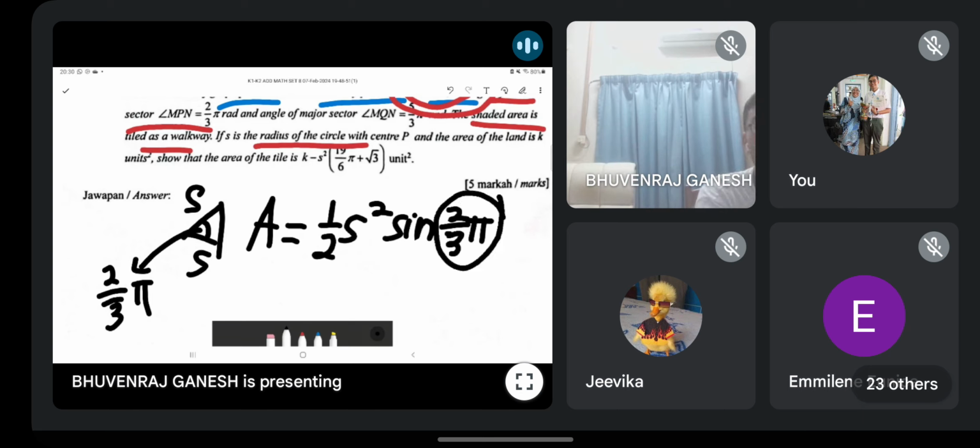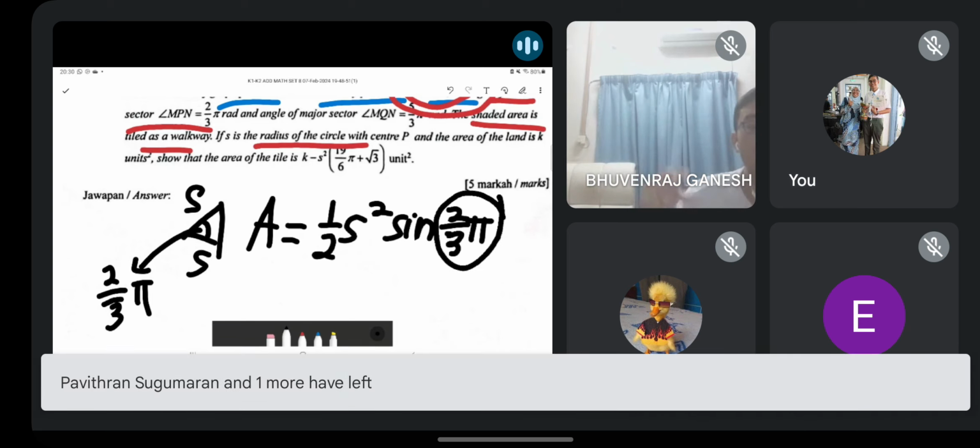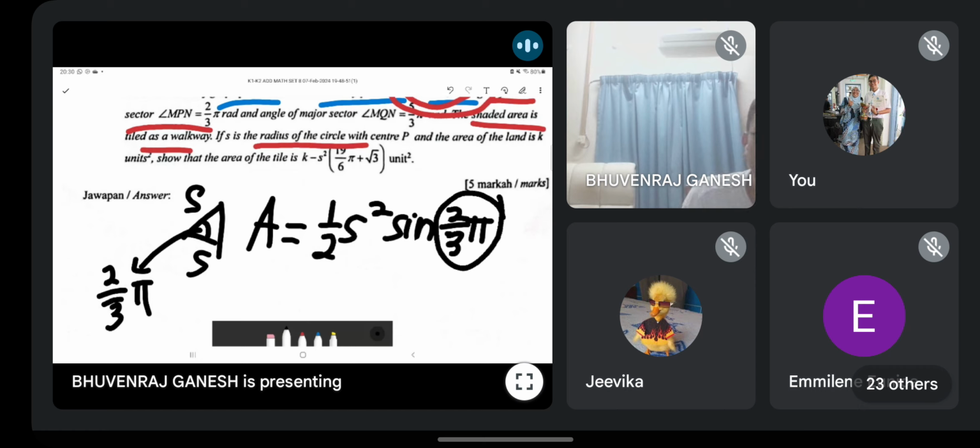If not, can you tell me 2 over 3 pi berapa darjah? How much? I want to see whether you can convert or not. How many degrees? Anyone? Berapa darjah? 2/3 pi.